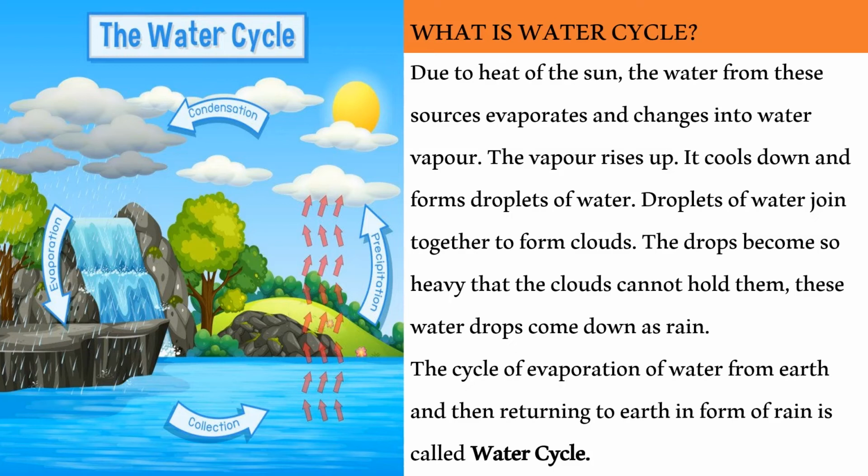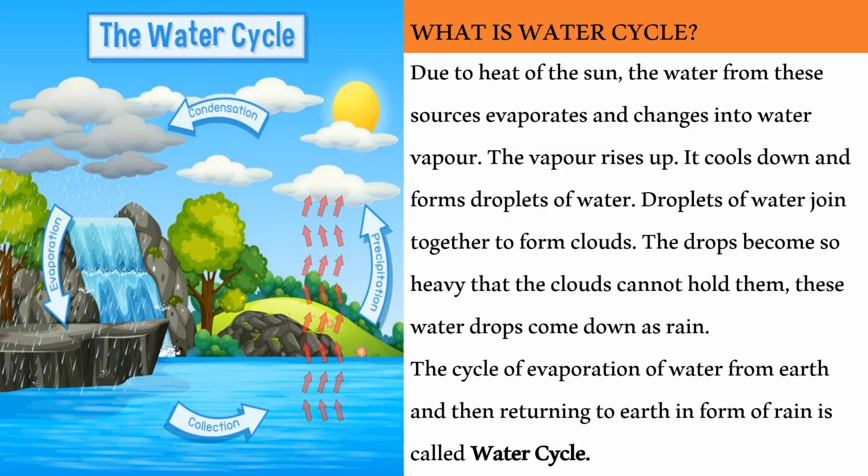When it goes up in the cloud, it cools down, and when it cools down, it forms droplets of water. These droplets of water join together to form clouds. Then the drops become so heavy that the cloud cannot hold them and they have to come down to the earth in the form of water, such as rain.